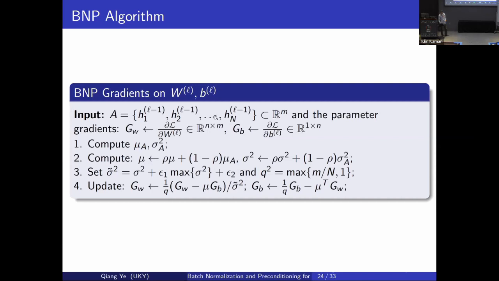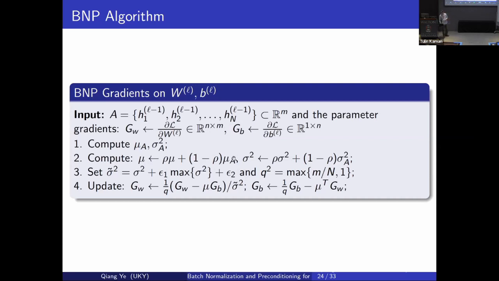if I have the input to the layer, I get the gradient with respect to weight and bias, and then I compute statistics for that layer's activations.